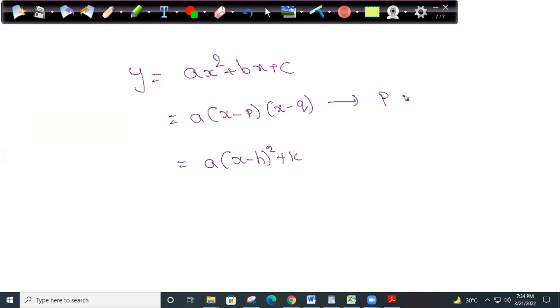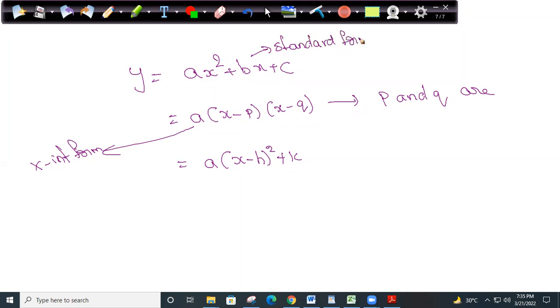Here p and q are my x-intercepts. This is called x-intercept form. This is called the standard form. This is called the vertex form.